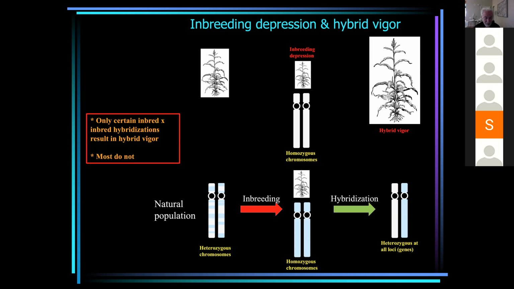So on the left, you see a plant from a natural population, and its chromosomes are represented at the bottom. So there are blue sections and white sections in both chromosomes. So these would then be called heterozygous chromosomes.